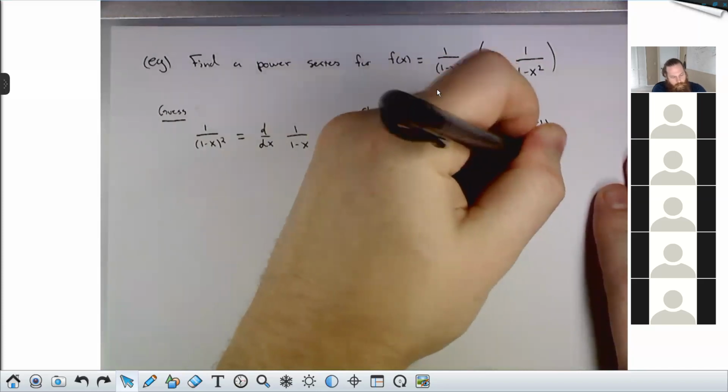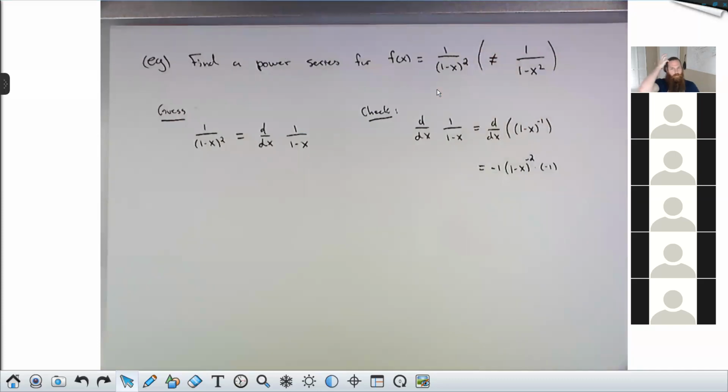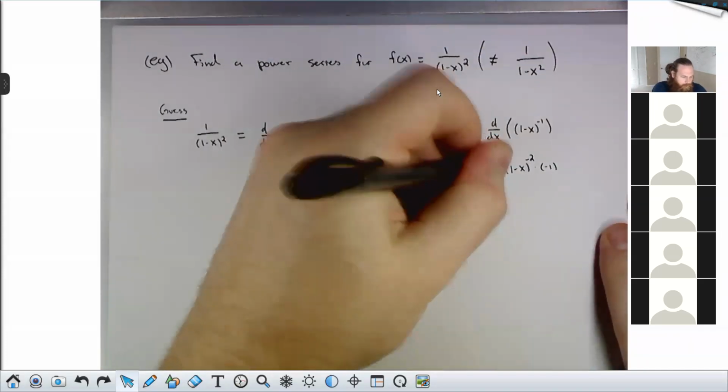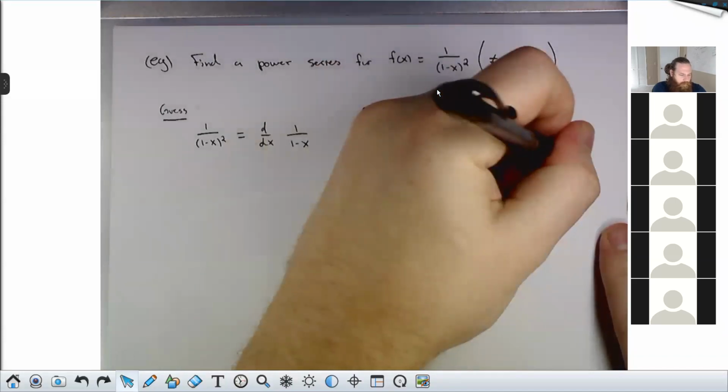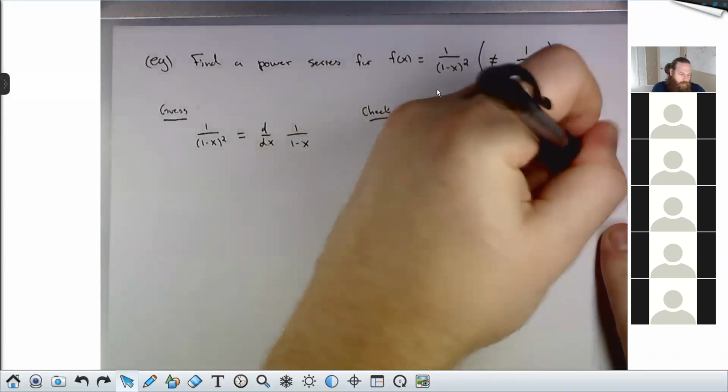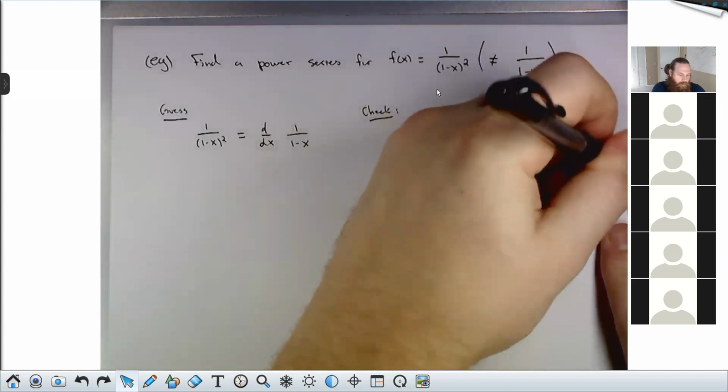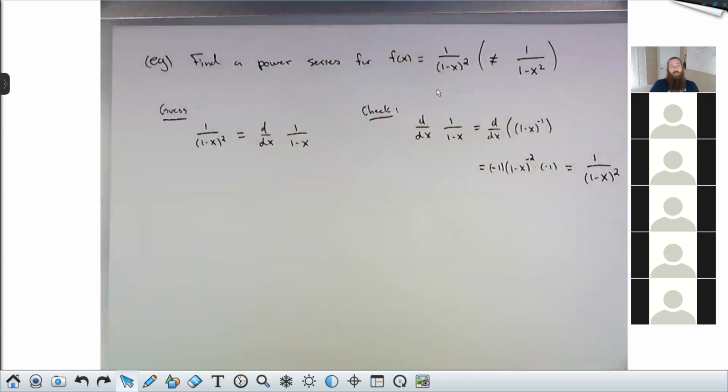And then by the chain rule, I have to multiply by the derivative of the inside, which is negative 1 again. So the two negative 1's become positive, and we do get 1 over 1 minus x squared. If your guess was off by a little bit, like if I didn't get another negative here to get rid of this, then I would have to go back and change my guess. But this turns out to be correct.